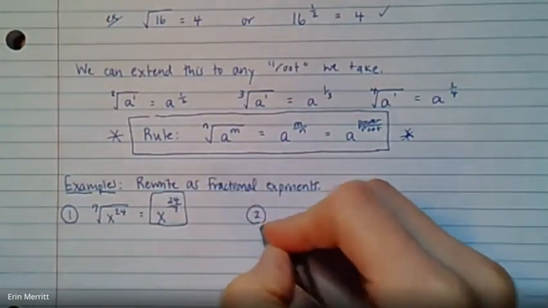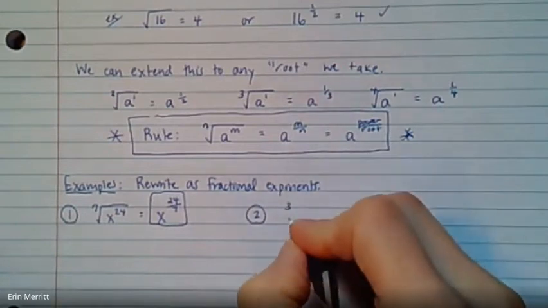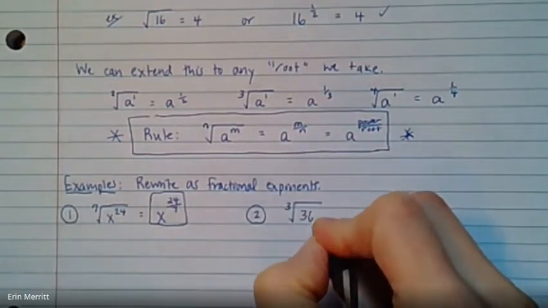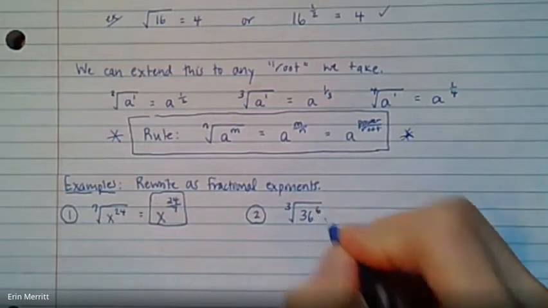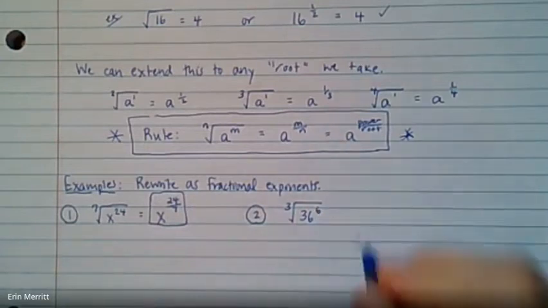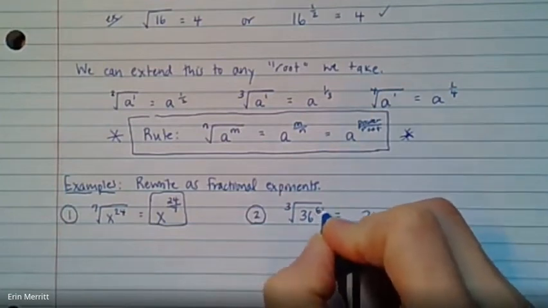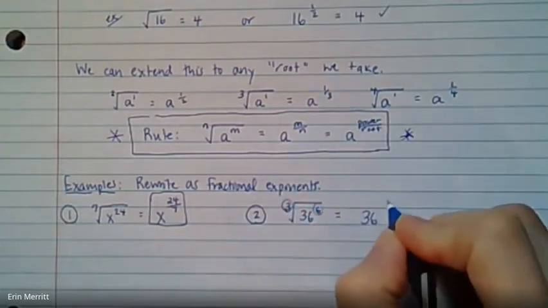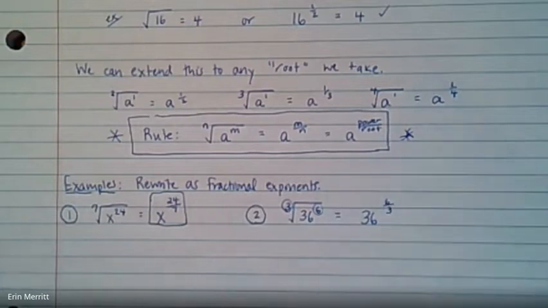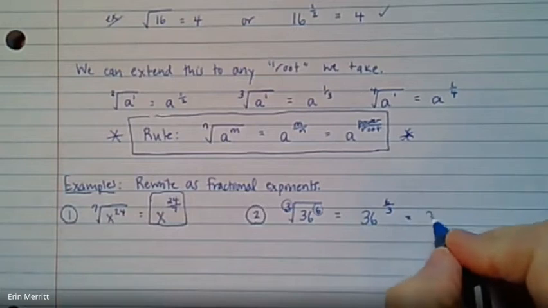All right, if I give you the cube root of 36 to the 6th power, rewrite it first. 36 raised to the power divided by the root would be 6 divided by 3. And now here's one that I can go a little further. 6 divided by 3 cleans up nicely to 2.